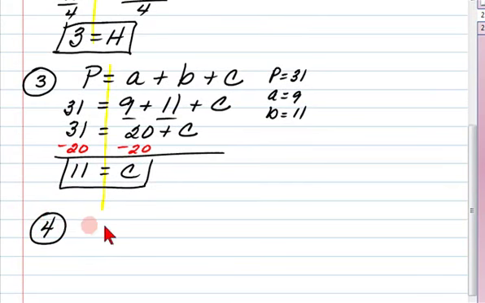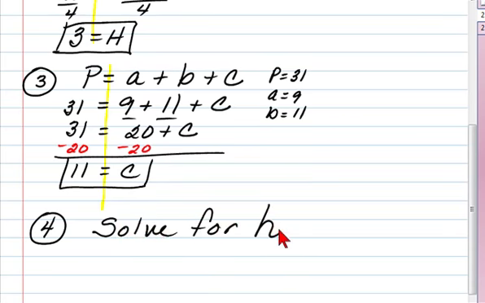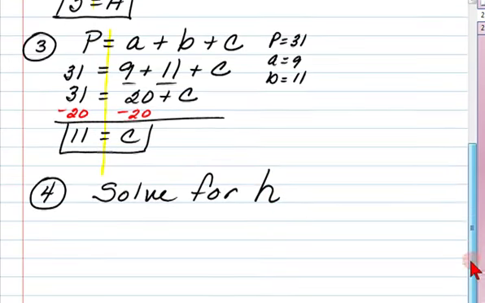Number 4, what if I started and said, solve for H, and I gave you the formula. F is equal to 4GH.